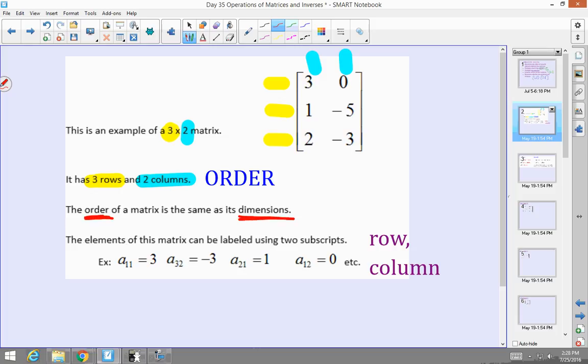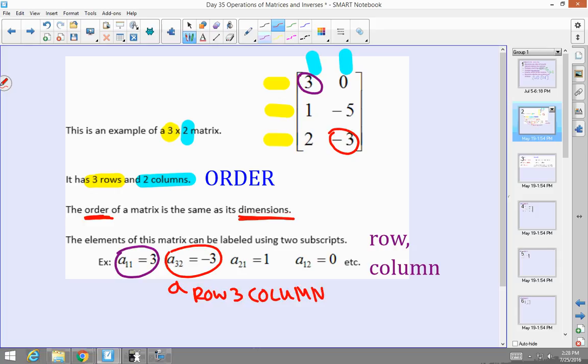Now when we're calling things, we can look at A11. So when I'm looking at A11 being 3, that's this guy. And A32 being -3 is this guy. The first one's kind of hard to see what the 1 and 1 represent, because both are 1. But with A32, it's easier to see that this is A, row 3, column 2.